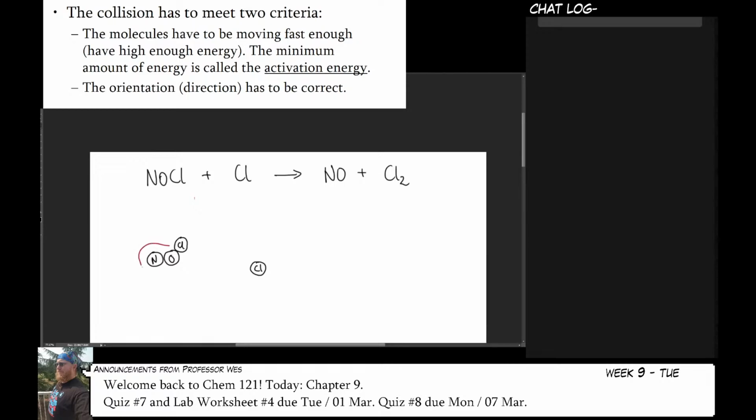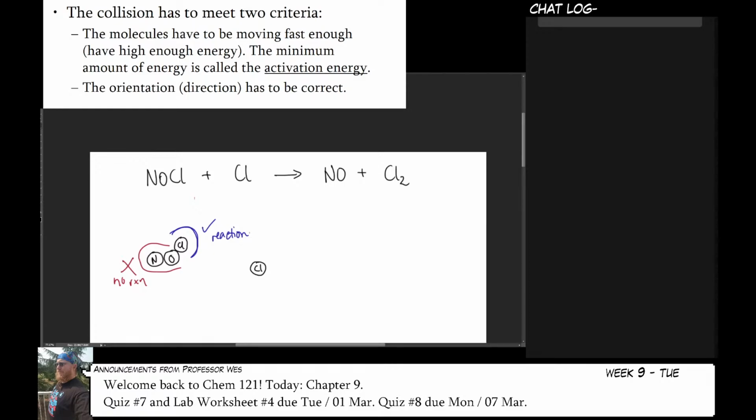Any collision over here in this area will not lead to a reaction, so no reaction. But if I bonk into something over in this side, a reaction can occur. So the orientation of the molecule and where collisions occur is important.